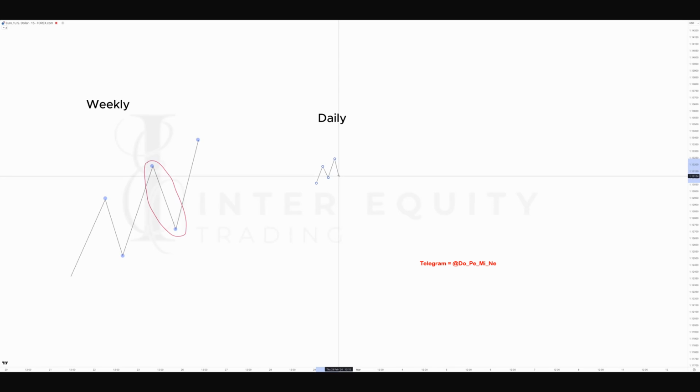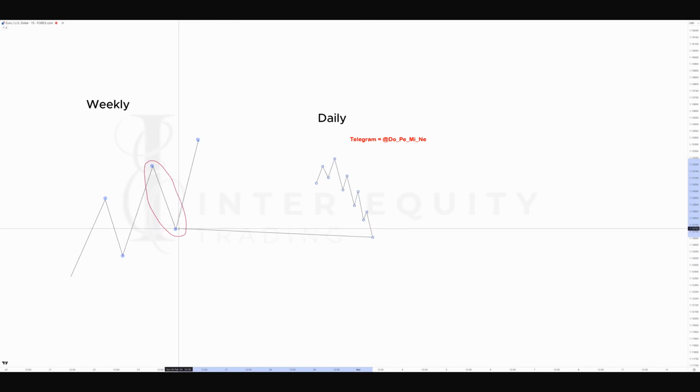And now to make that higher low on the weekly, price actually turns bearish on the daily and it breaks structure to the downside, printing higher lows and lower lows and lower highs, right? Going all the way down towards that weekly higher low, right?